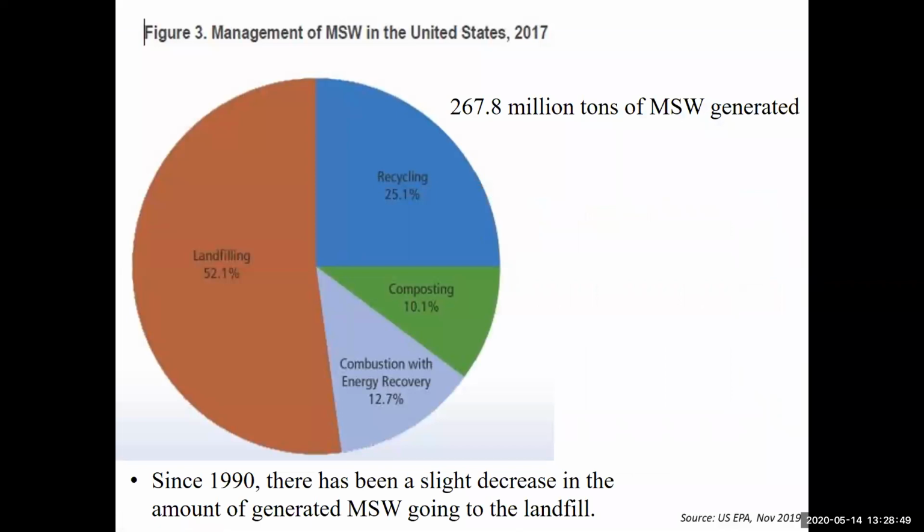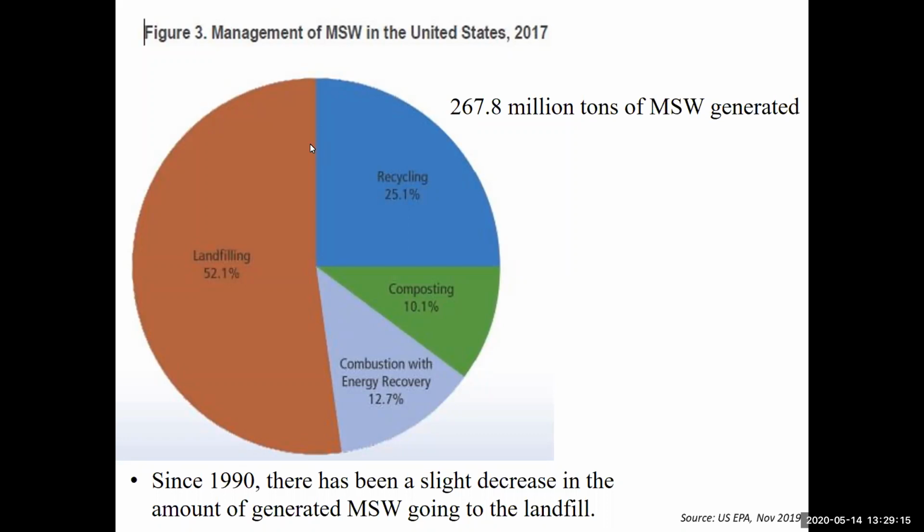So we're back to this pie chart again. Now with this particular pie chart, we're looking at how that generated municipal solid waste stream was managed. So we've already discussed that about 35% of that generated waste stream was recycled or composted. And so that leaves about 13% that was combusted for energy recovery.